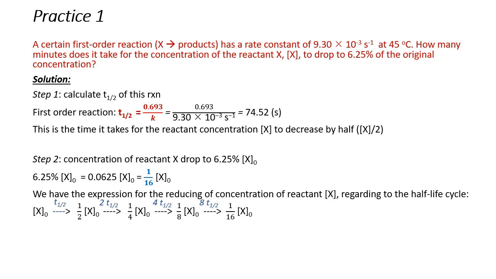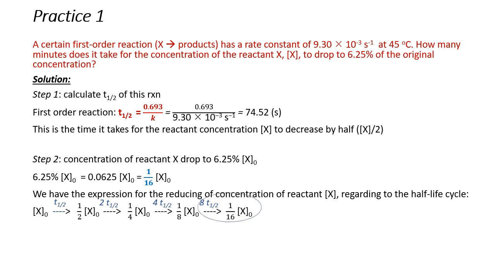Starting from the initial concentration X0, after one half-life, the concentration is reduced by half, after a second half-life, reduced to 1/4, after a third half-life, reduced to 1/8, and after a fourth half-life, the concentration is reduced to 1/16 of the initial concentration X0.